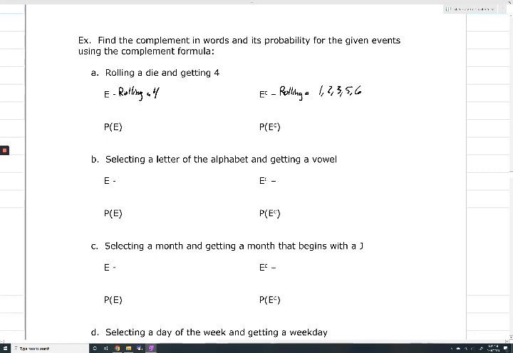It's everything that's not a 4. So what's the probability of E? 1/6, because there's one way of getting a 4. What's the probability of not E? 5 out of 6, because there's 5 different ways of getting not a 4. All right, pause the video and figure out the rest of these and then unpause when you're done.